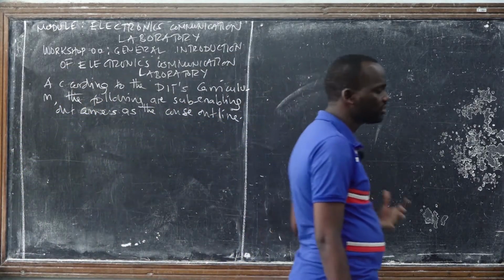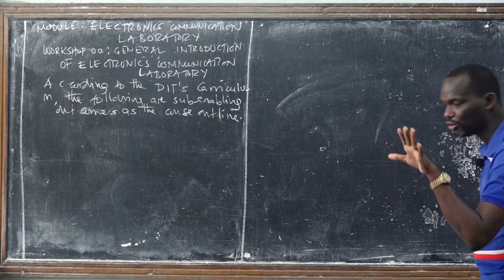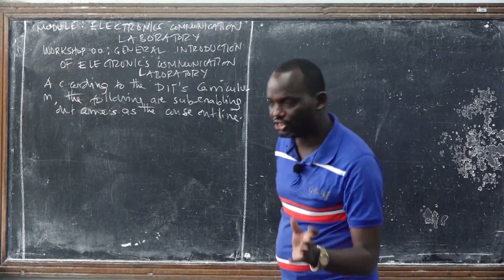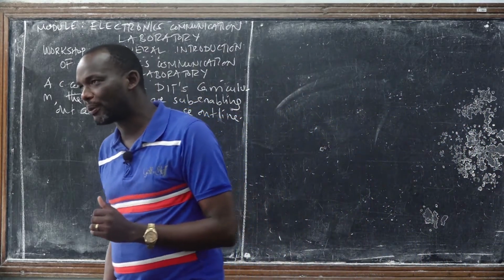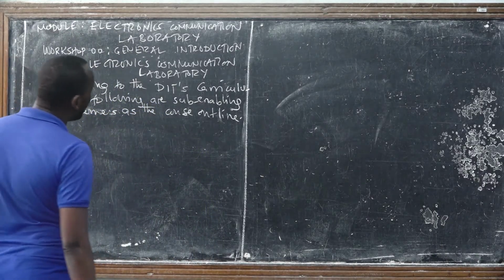We just have what we call the curriculum. The curriculum gives guidance to the teacher on what to teach, and what the limitations and boundaries are in that particular module or course.